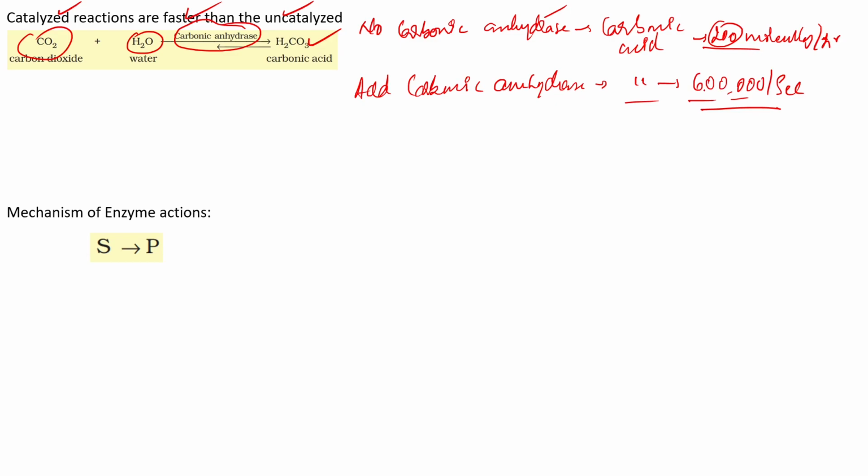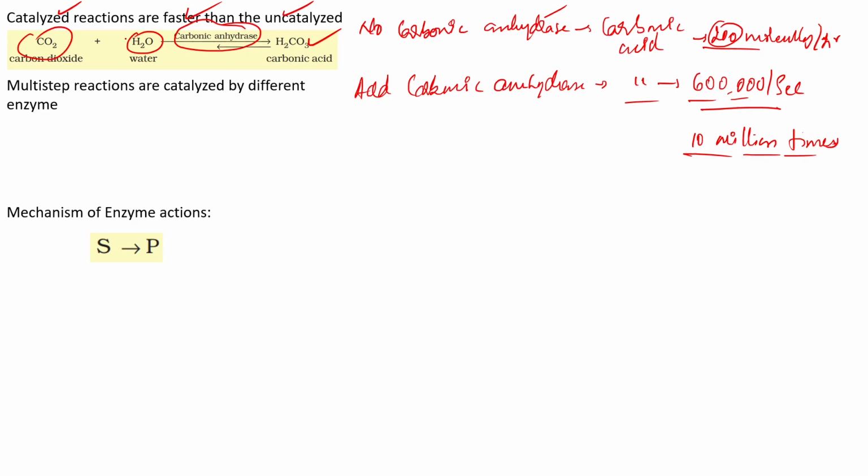So we can say that the reaction has sped up around 10 million times. That is what we can derive. Hence, by adding enzymes or catalysts, the reactions can speed up.